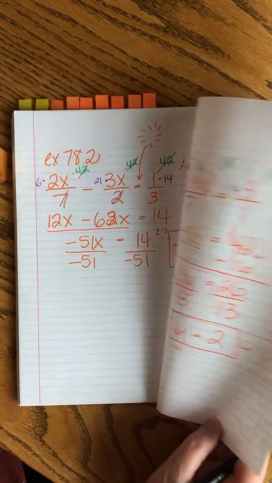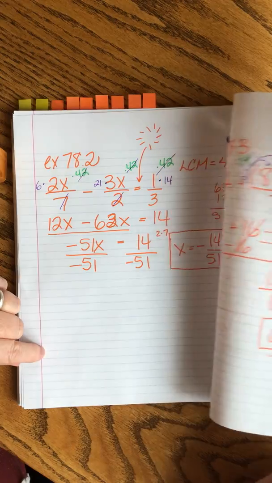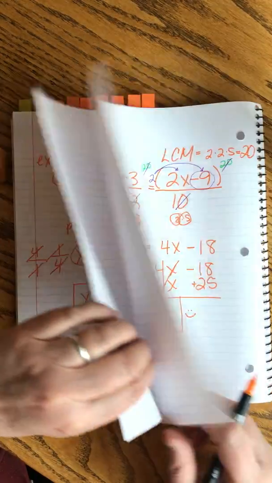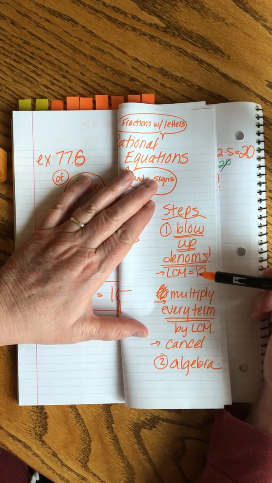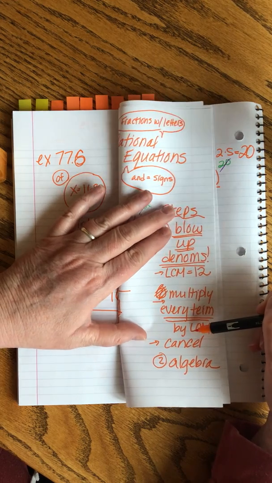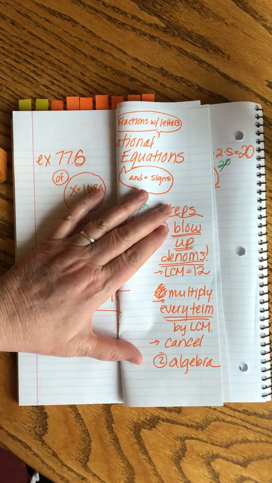Remember, here are the steps. Where are they? Oh, I see what happened. Look, I skipped a page when I turned. Here are our steps. To blow up the denominators, you find the LCM. You multiply every term by the LCM, then you cancel. And then once you get all that done, it's just algebra to solve.